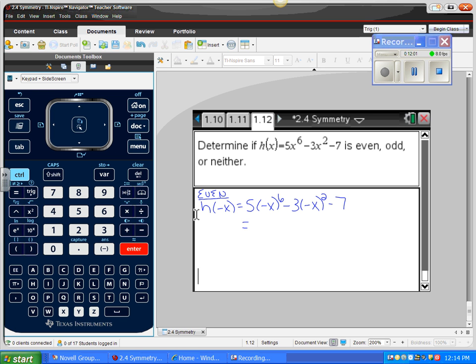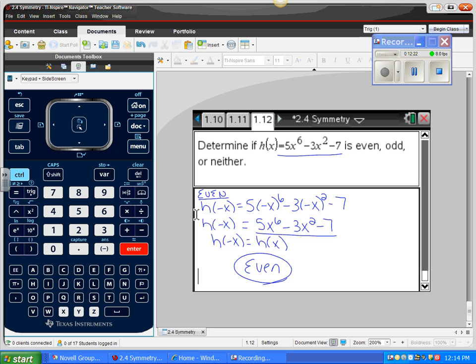And we get even powers, which means it becomes positive. Is this equal to this? That's our question. Okay, if we look back at our original, is it the same? Yes, it is. So we can say it's even.